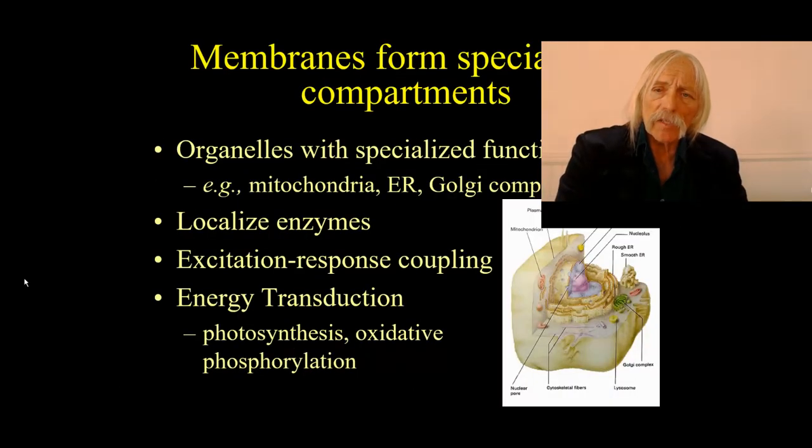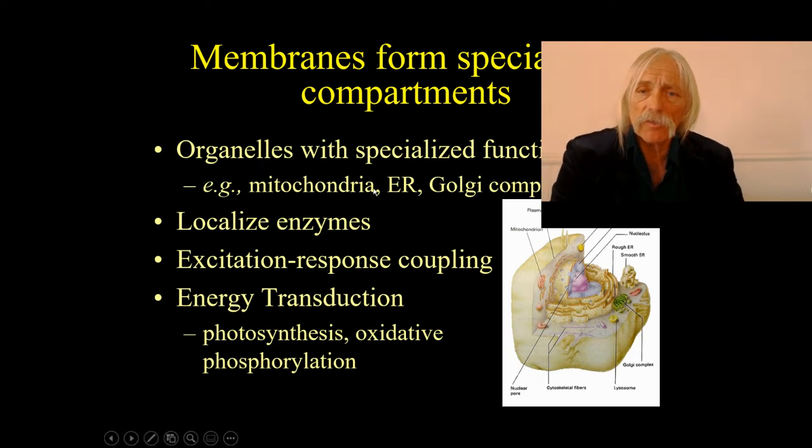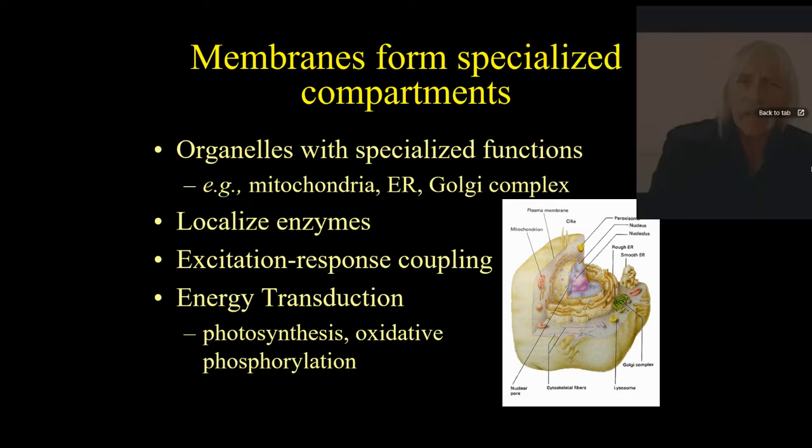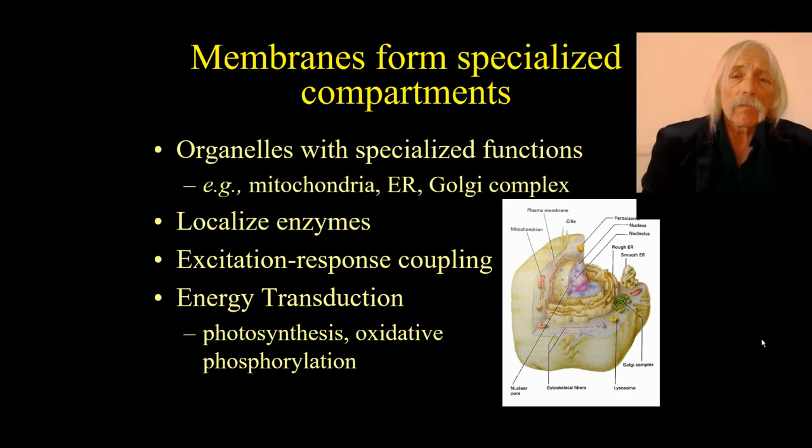So you have membranes for specific compartments. You've got organelles with specific function. And I've already mentioned to you that they're going to have unique membranes, right? So mitochondria, endoplasmic reticulum, Golgi apparatus. One of the things that membranes are doing is specifying and localizing specific enzymatic pathways.